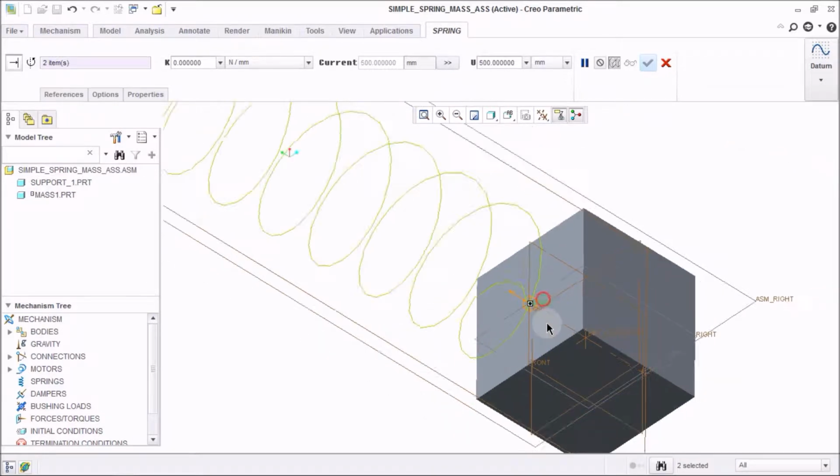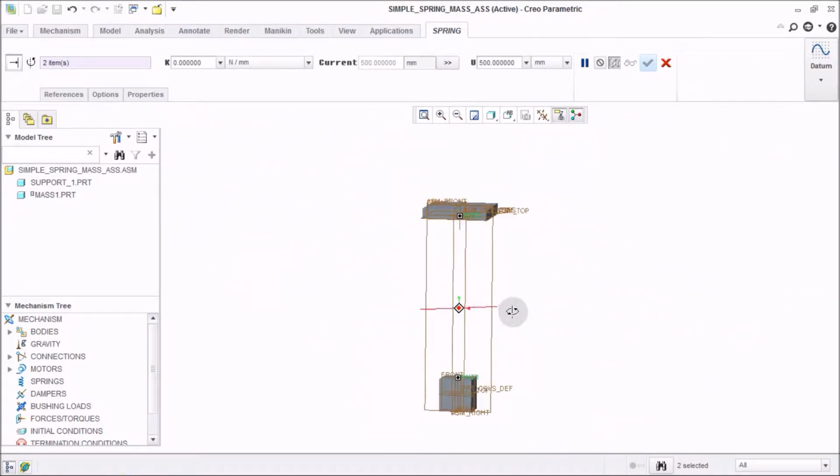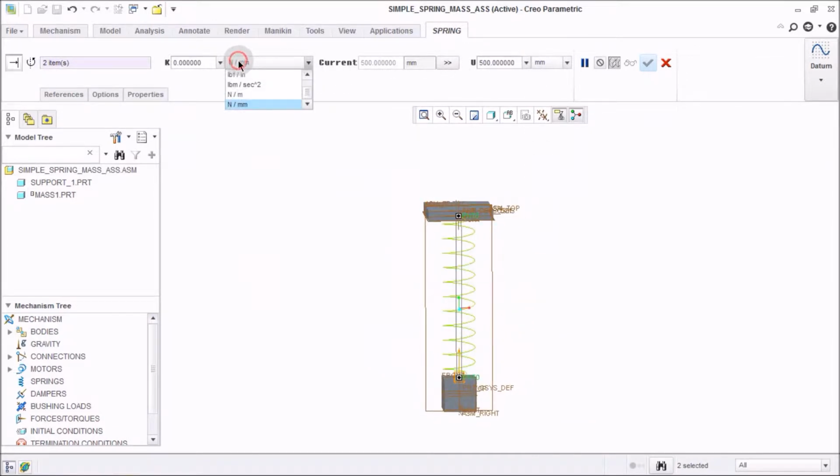The software automatically generates the spring, and now we have to set the spring constant. Let's correct the unit, let's say it is Newton per meter, sorry. Then apply the spring constant, let's say it's 1000 Newton per meter, then OK.